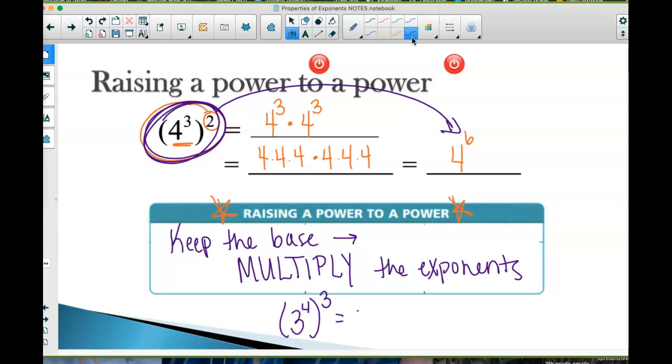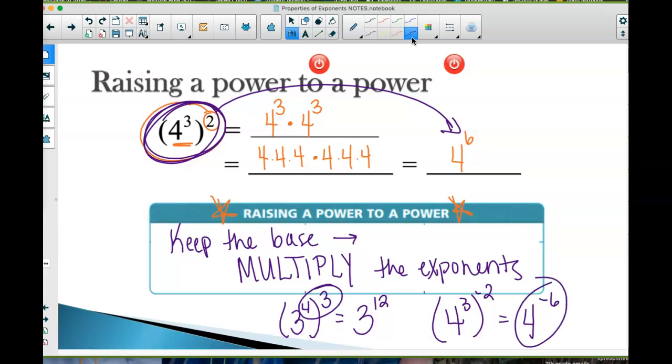You keep the base, and you multiply the exponents. 4 times 3 is 12. It could be 4 to the third power to the negative second power. Again, keep the base, multiply the exponents. 3 times negative 2 is negative 6. So it ends up being 4 to the negative sixth power.